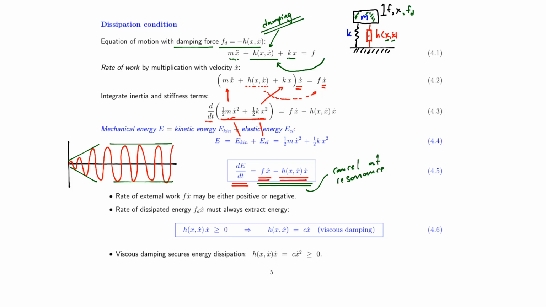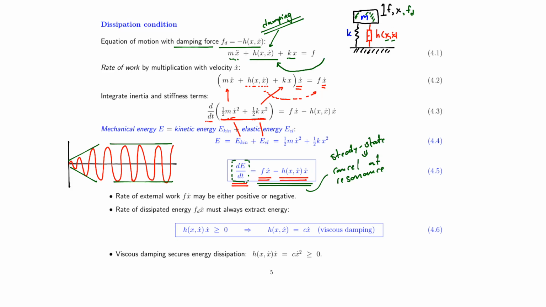If we dissipate the same amount of work that we put into the structure by the external load, then the rate of change of mechanical energy will become 0, and thereby the amplitude will be constant, because mechanical energy is, as we know, another form of amplitude. Actually, the square root of mechanical energy is related to what we consider as amplitude in a time simulation. So that simply means that steady state corresponds to cancelling of external work and dissipation of energy.